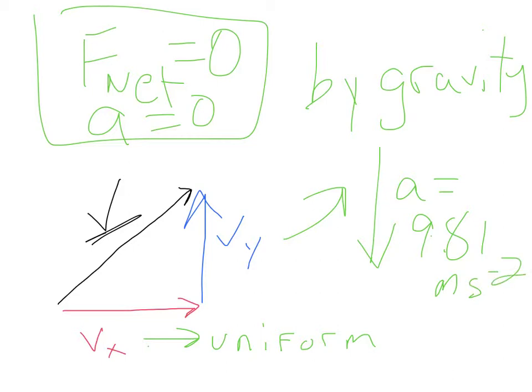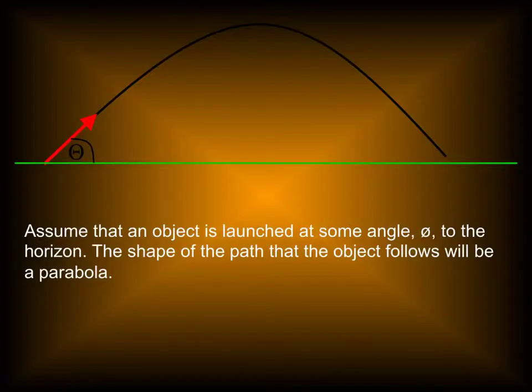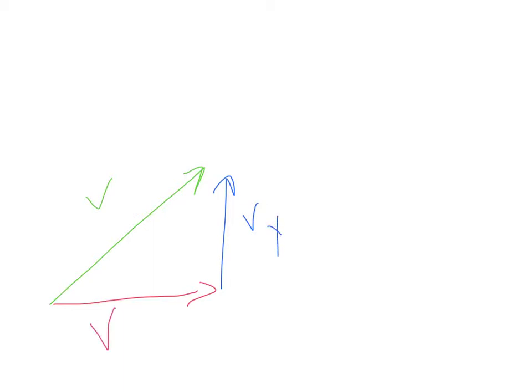Now, how do we calculate or find these two components of the initial velocity? I'll tell you. So, we have v, we have vx, we have vy. We have our angle, which we're going to call theta.